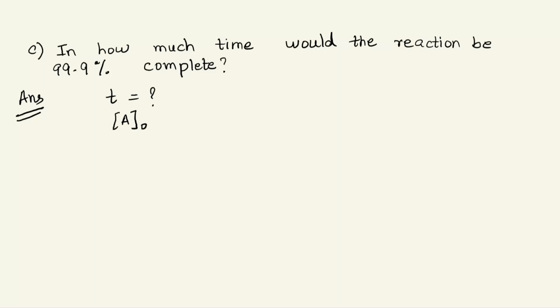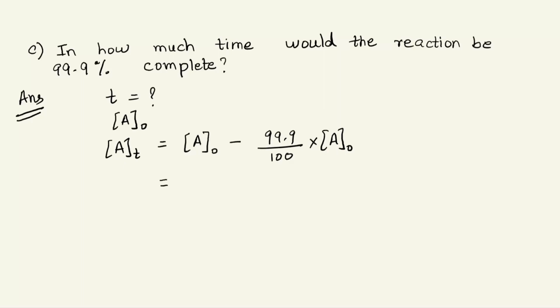Now when I'm saying 99.9% complete, that means my [A]t would be [A0] minus 99.9% of A0, because percent means out of 100 of A0 has been used up. That means this much of the reactant is already consumed. So how much of it is left after time t? That will be the initial concentration minus the concentration which has been used up.